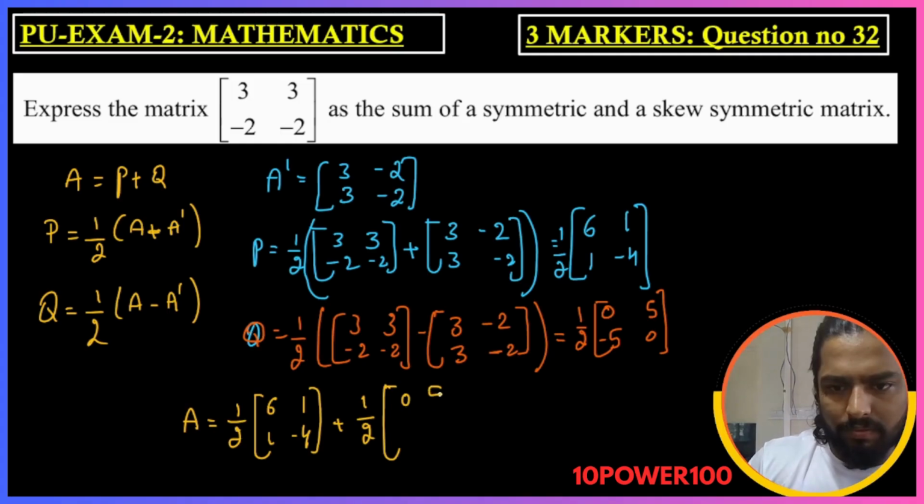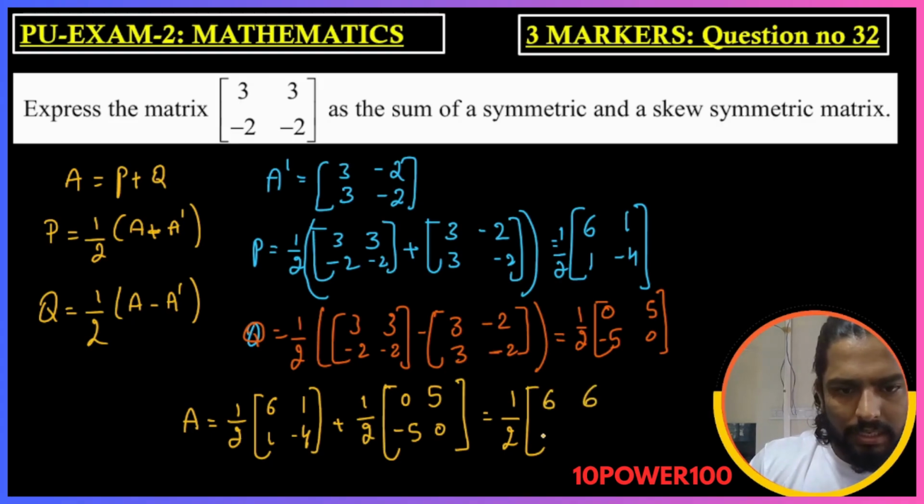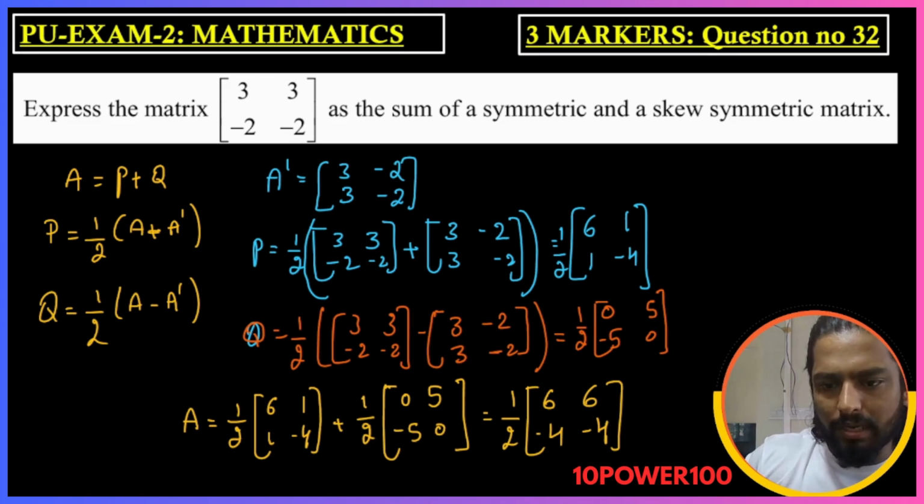If you take half common and add them, you get the matrix. Now if you divide everything by 2, you end up getting 6 divided by 2 is 3, minus 2 and minus 2.